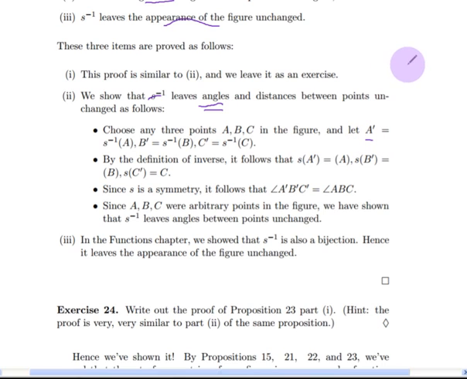Let's do a square, with points A, B, C, and let's draw an angle like this. Now, if you perform some symmetry on this, maybe a rotation, then that angle is going to rotate as well. So we'd have A prime, B prime, C prime.